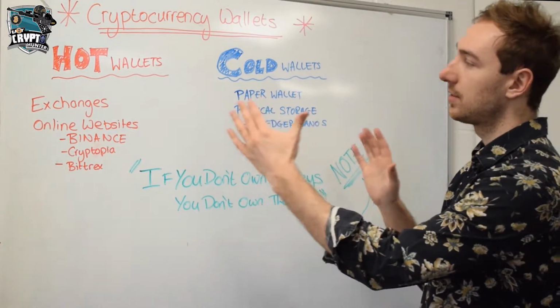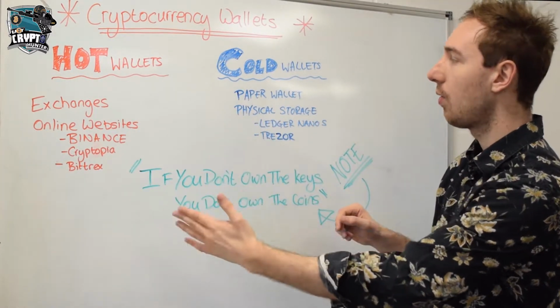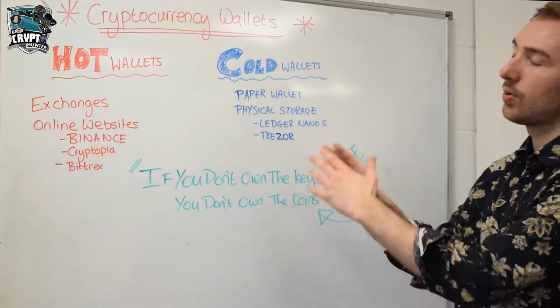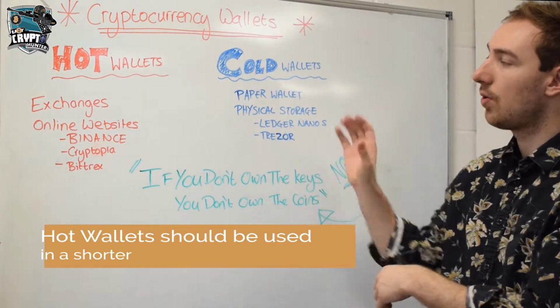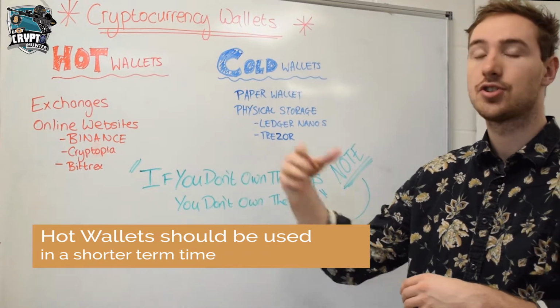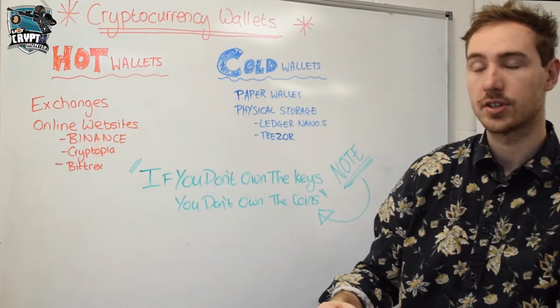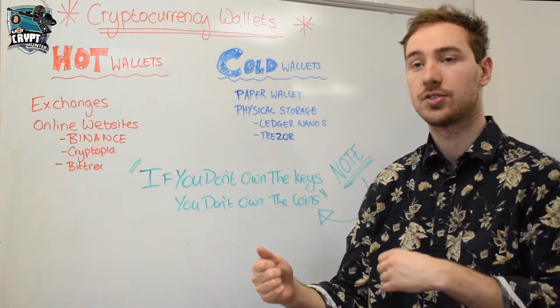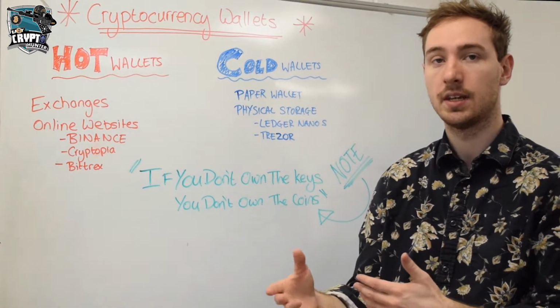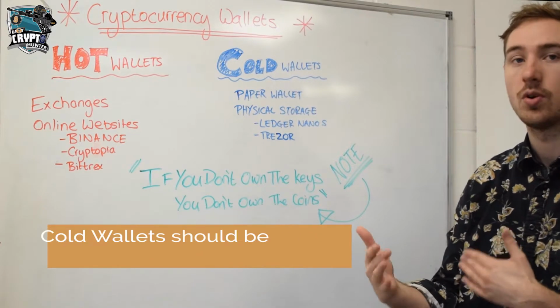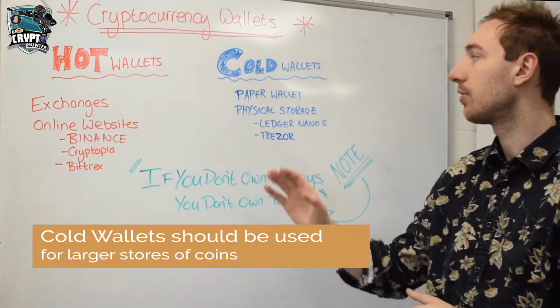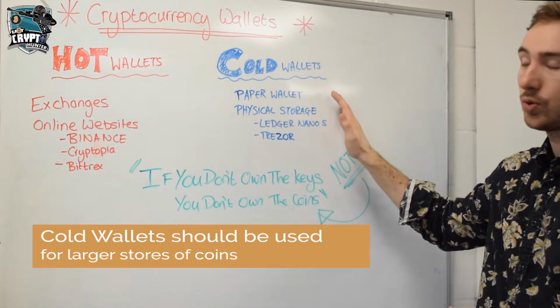That's the fundamental difference between hot wallets and cold wallets. They both have inherent advantages. Hot wallets should ultimately be used in a shorter-term time frame if possible to perform a certain task, changing a coin, withdrawing to cash, something that needs quicker activity. Larger stores of coins that you're holding onto for a longer period of time, you should really always try and put in a cold wallet.